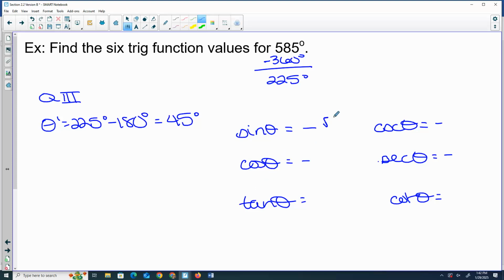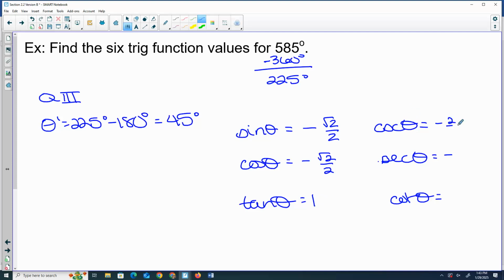Sine is the square root of the top over 2. Cosine is the square root of the bottom over 2. Tangent, square root of the top over square root of the bottom. Radical 2 over radical 2 is 1. For the others, we do reciprocals.